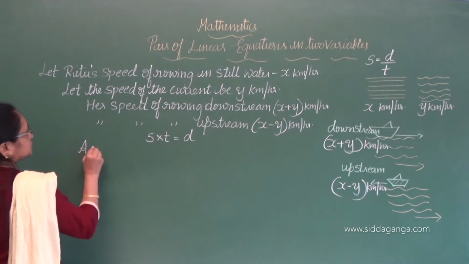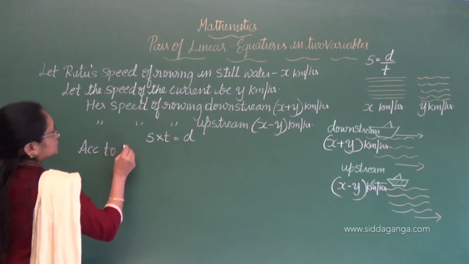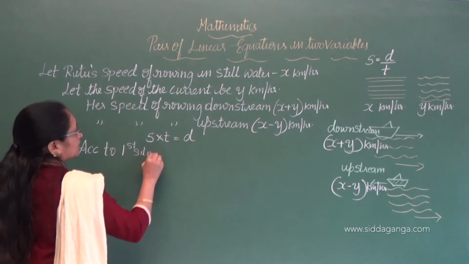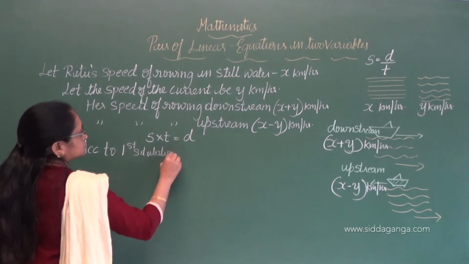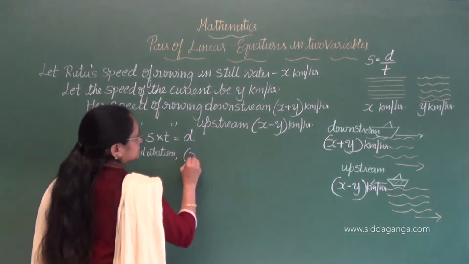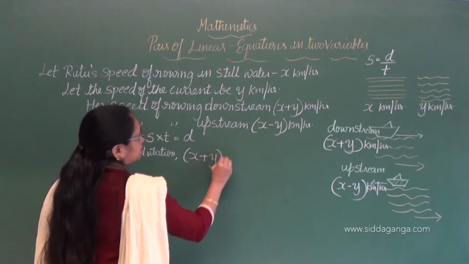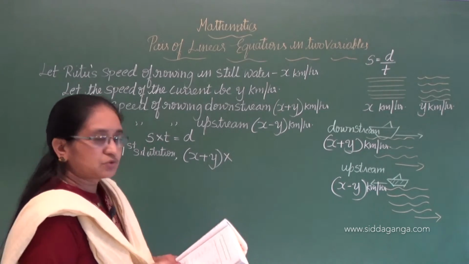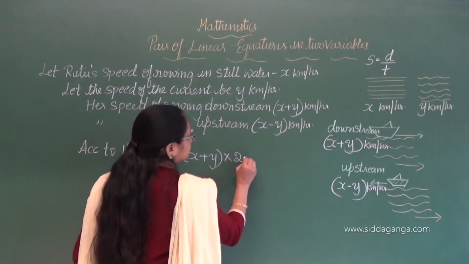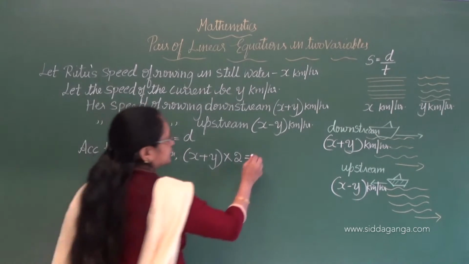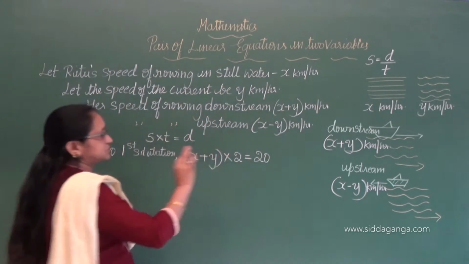So what is the speed in the downstream? According to the first situation, downstream speed into time. What is the time given here? 2 hours. Speed into time is equal to distance. What is the distance? 20 kilometers. I hope you understood this.